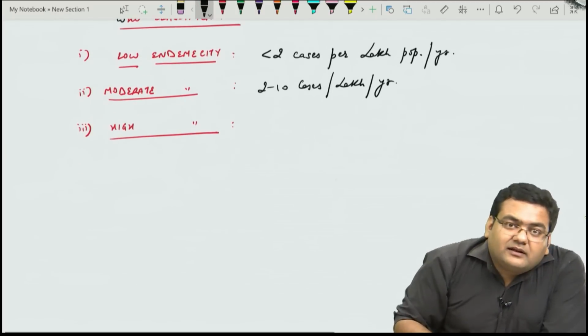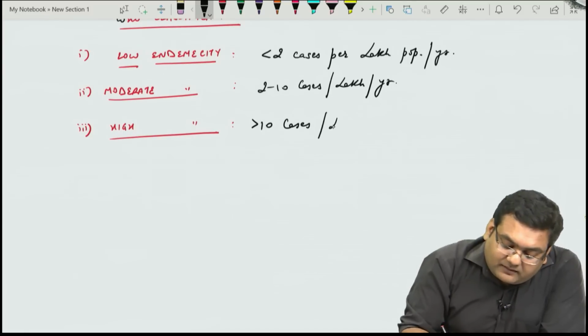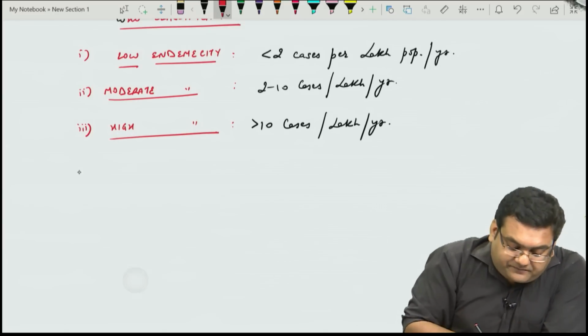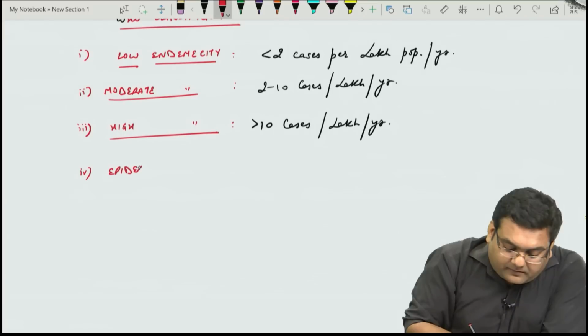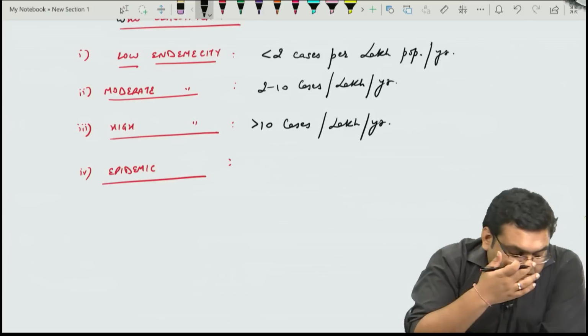High endemicity is defined as more than 10 cases per lakh population per year. And when do we call it an epidemic?